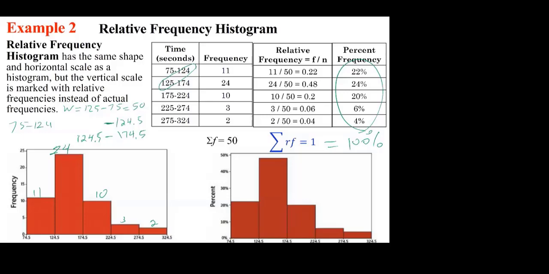The shape is very close. Now, the thing you want to be extremely careful of when you set up your graph: this must read frequency, this must read percent. Make sure you have them accordingly. So the point being, whether we use the frequencies to make up the histogram or relative frequencies, the shape shouldn't be that much different.